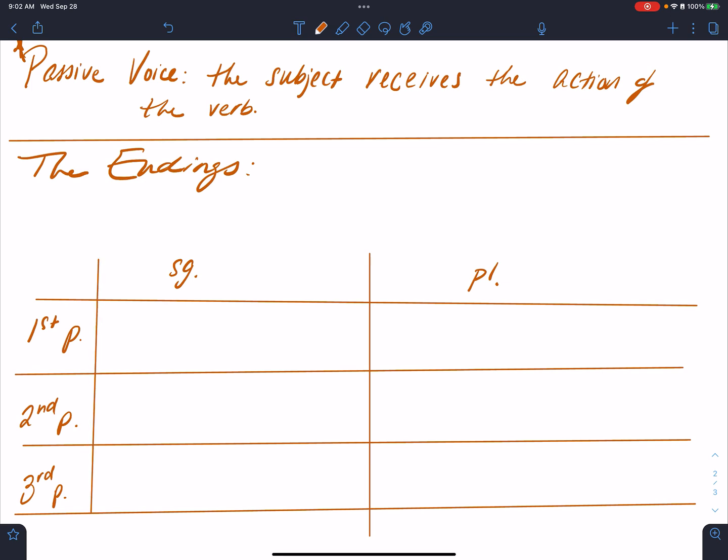Okay, so here are our endings: ar, ris, tur, mur, mini, and ntur.